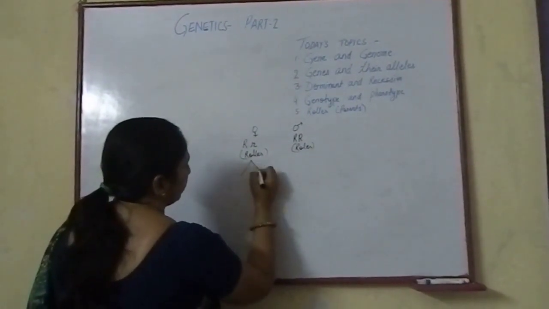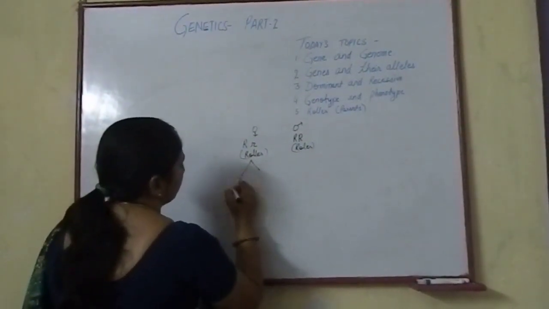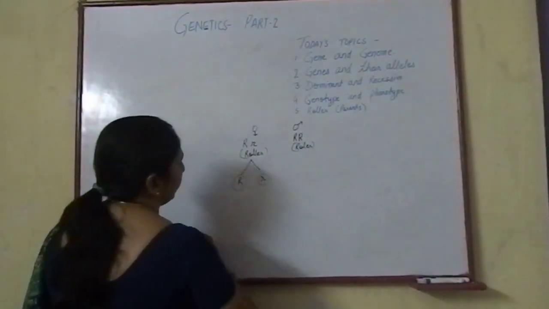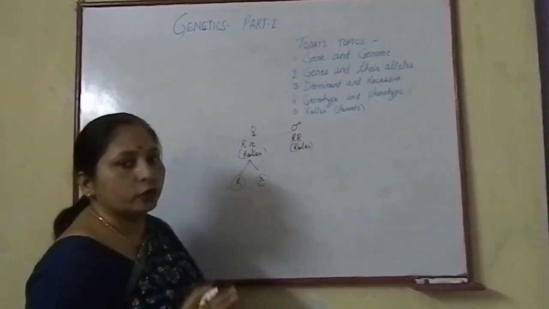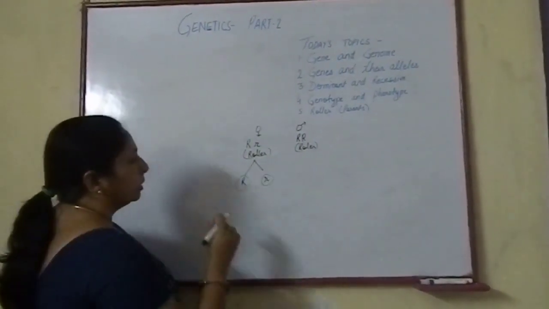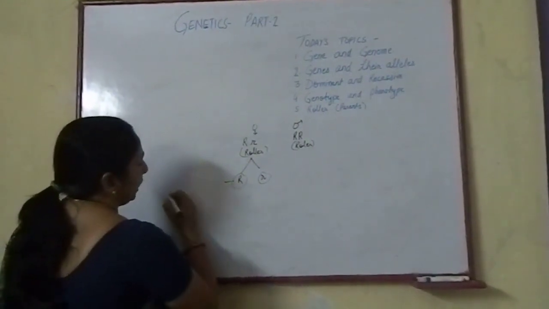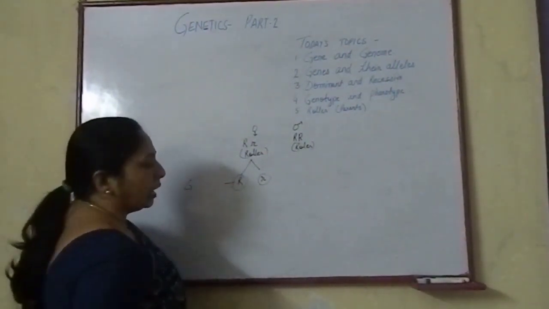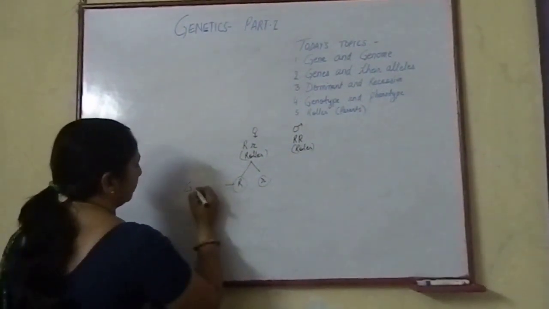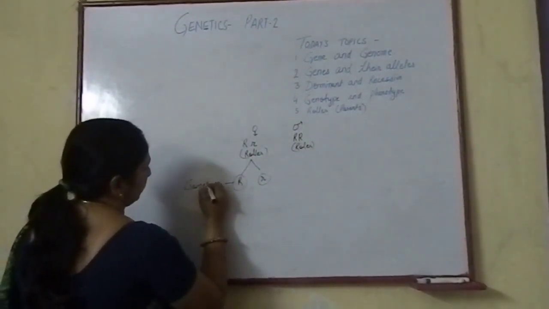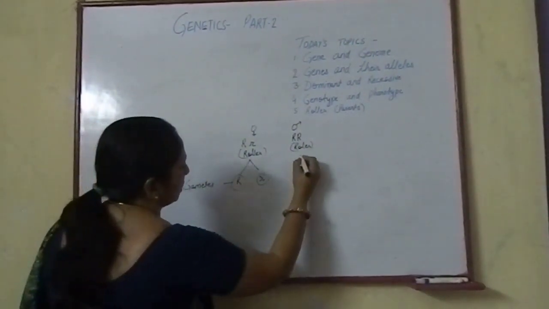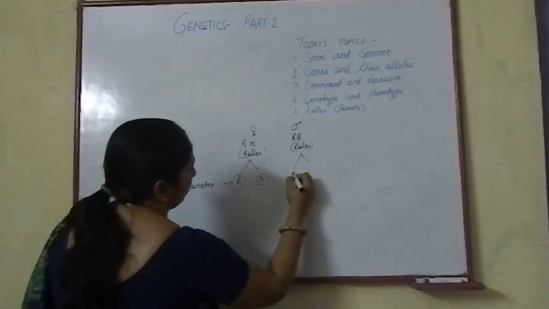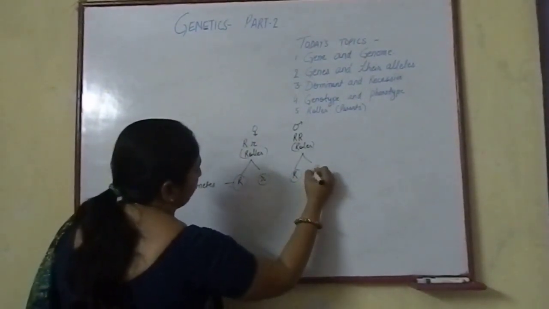Now the gametes produced. One of the students asked me, what are gametes? Gametes are the ova and the sperm produced, which have the character R or small r. Here also R and R.